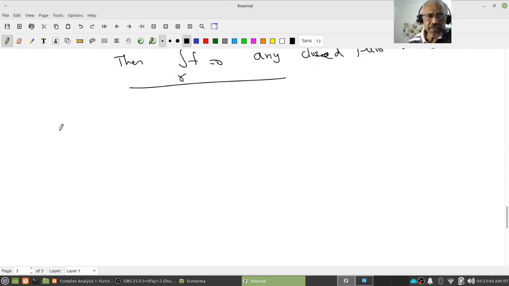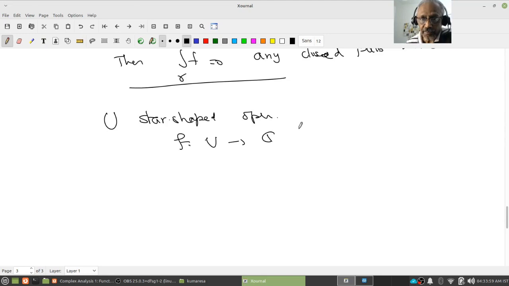Now the first application is the following. Suppose U is again star shaped and open, and suppose f from U to C is holomorphic. Let's define a function g.